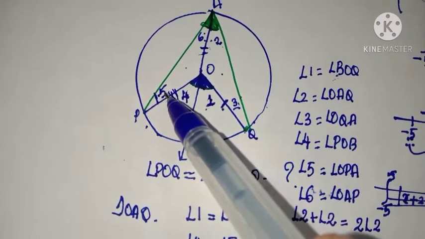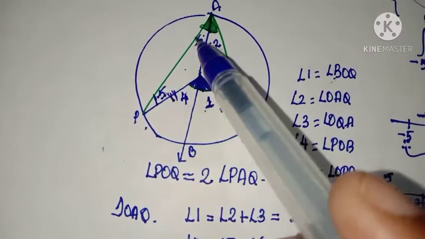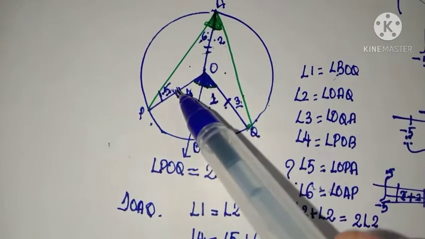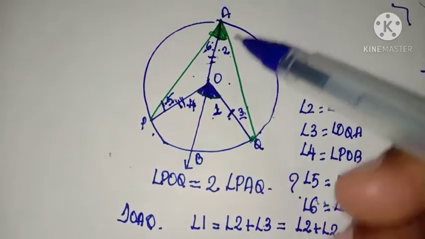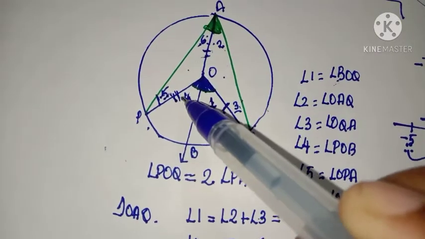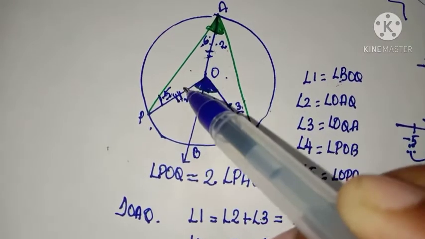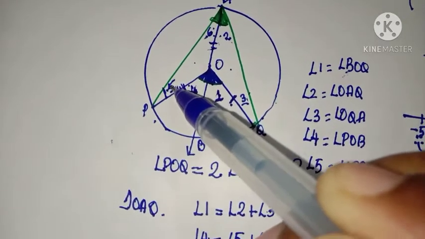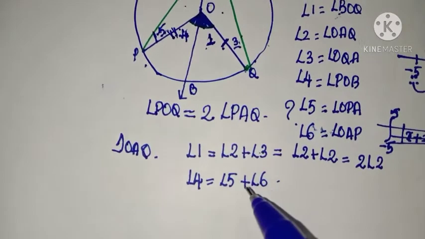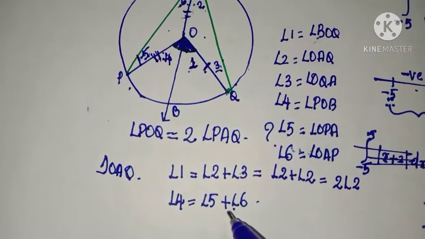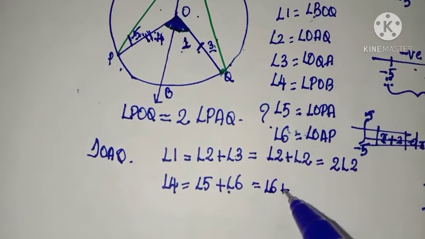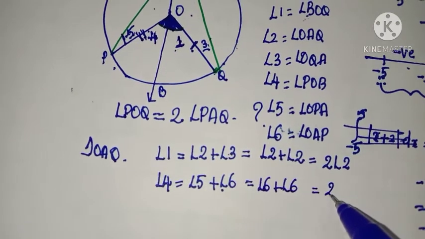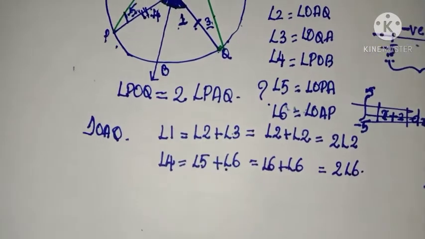Similarly, in this triangle, OA and OP are radii and therefore they are equal. So angle 5 and angle 6 are angles opposite to equal sides of this triangle, and naturally these two angles are equal. So here I replace angle 5 with angle 6. Angle 6 plus angle 6 is equal to 2 angle 6.